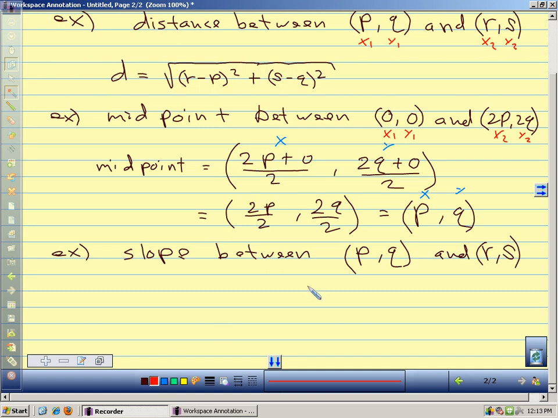We label our points x1, y1, x2, y2, and we plug these into our formula.